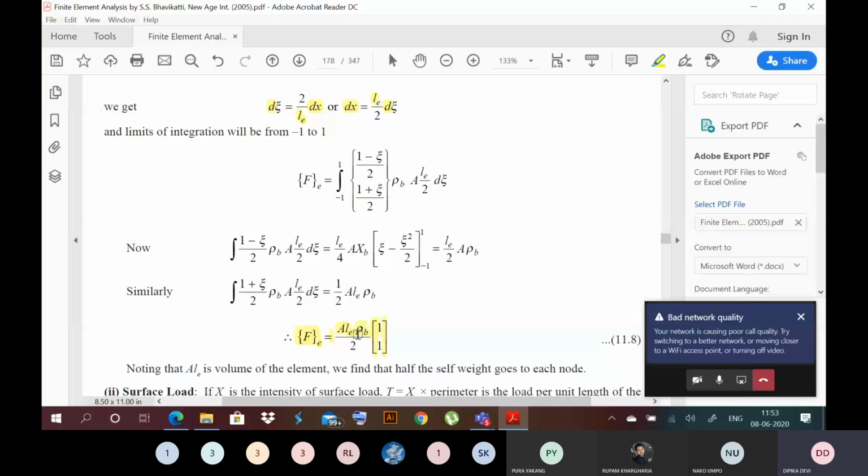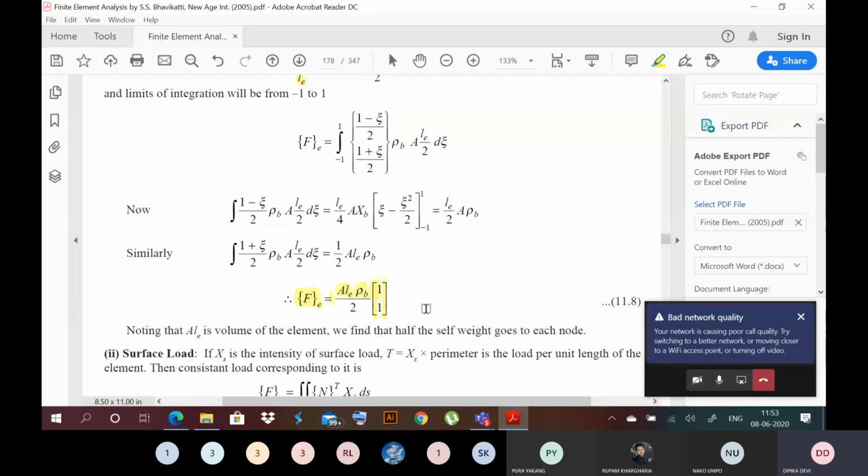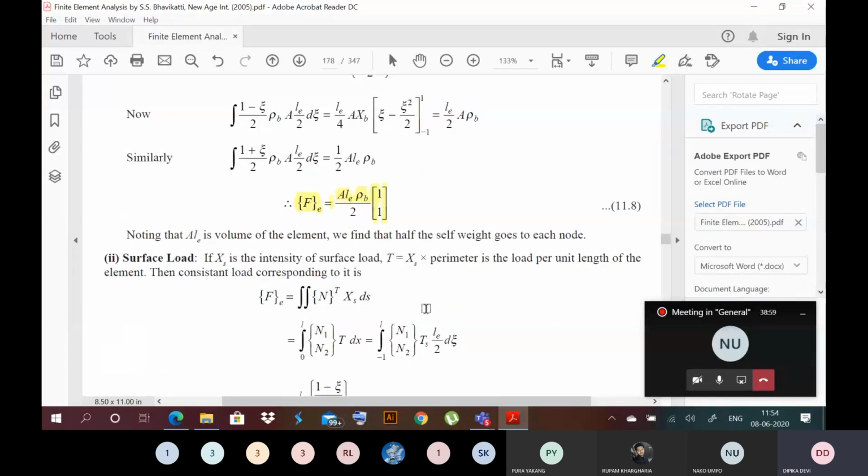Noting that A le is the volume of the element, we find that half of the self weight goes to each node. This is the derivation of the consistent body force vector for a two-noded bar element. Because it is a bar element, it will have force only in one direction.